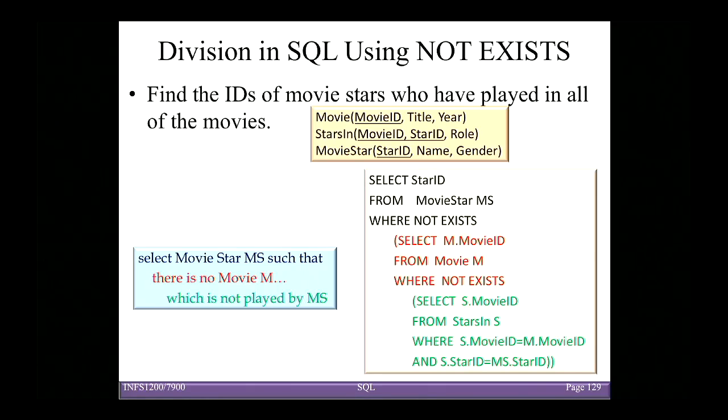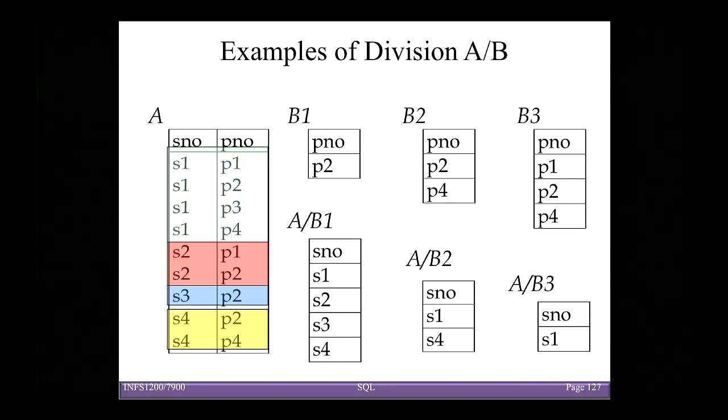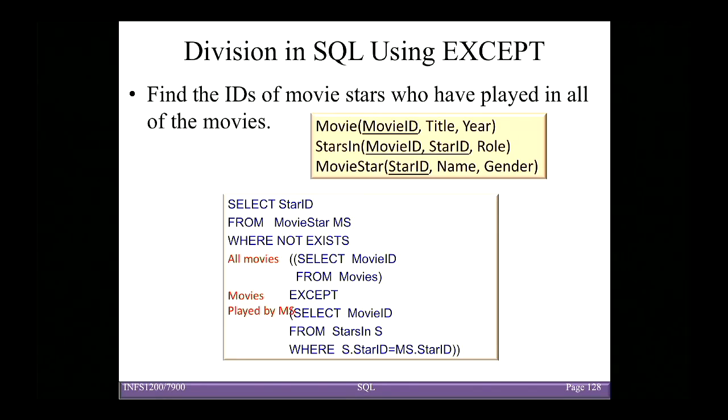So, a quick few facts. Division queries are important. They let you ask questions like how every or all things relate within whatever domain you're working with. We talked about what they look like and what they mean. There's one way to write them using except, which is not going to be helpful for your projects.